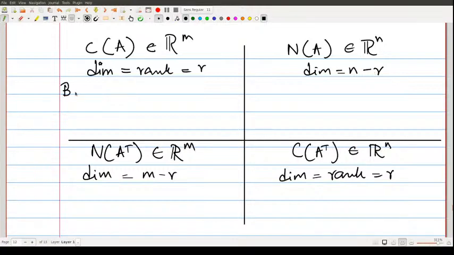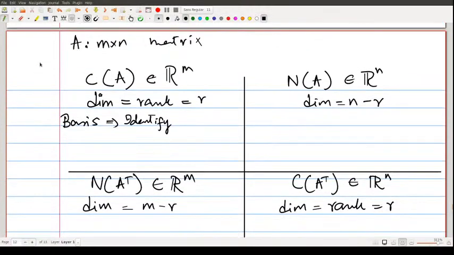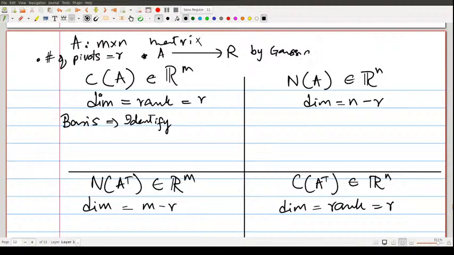How do we find a basis? The basis is given by the pivot columns. Let me write two important things. The number of pivots is R, and we take A to R by Gaussian elimination.